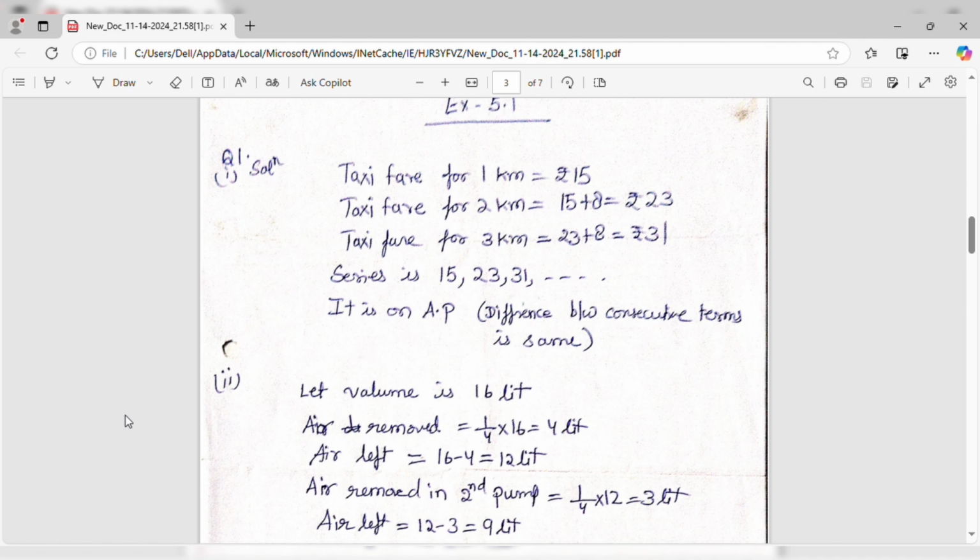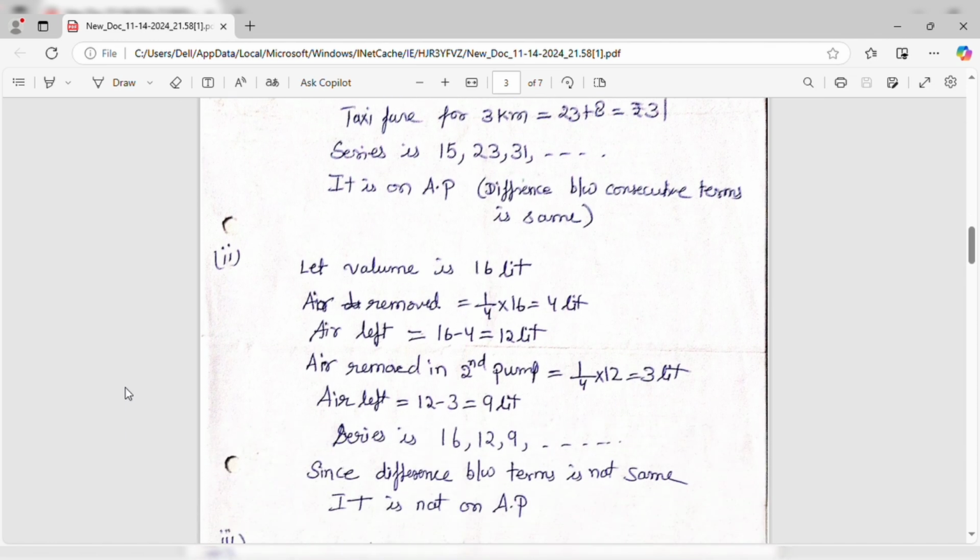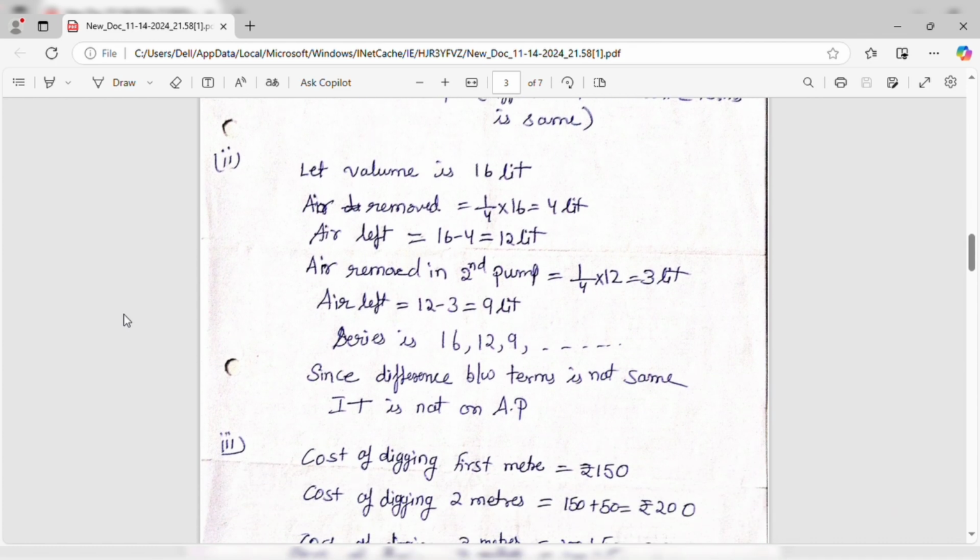The second part of the first question is the amount of air present in a cylinder when a vacuum pump removes 1/4 of the air remaining in the cylinder at a time. So we will assume the volume as 16 liters, just assuming a number. Air removed in the first pump would be 1/4 of 16, which is 4 liters.